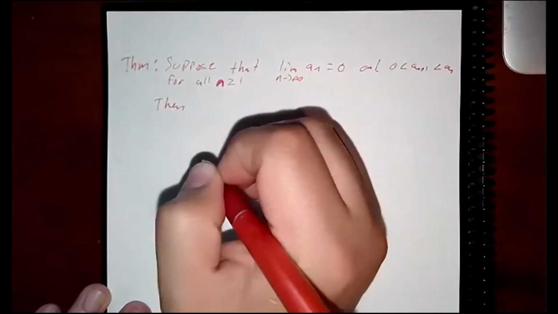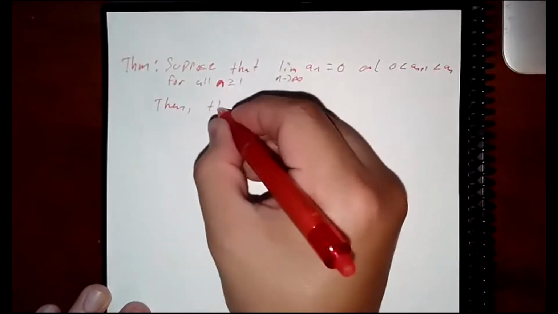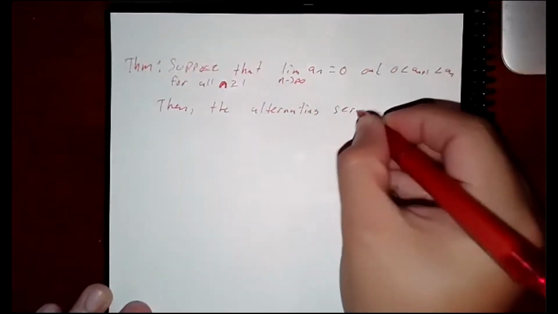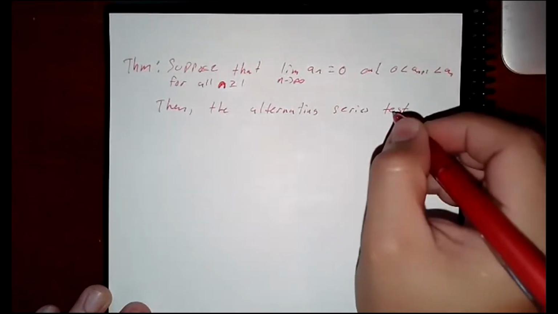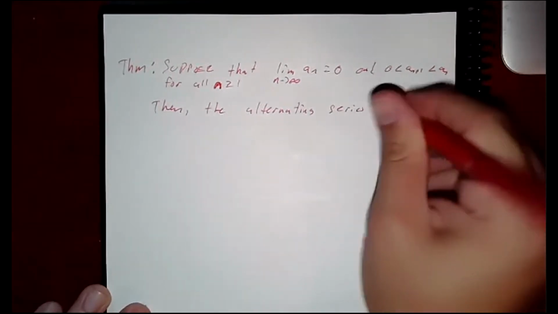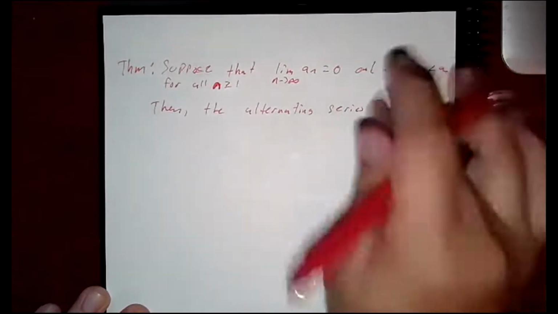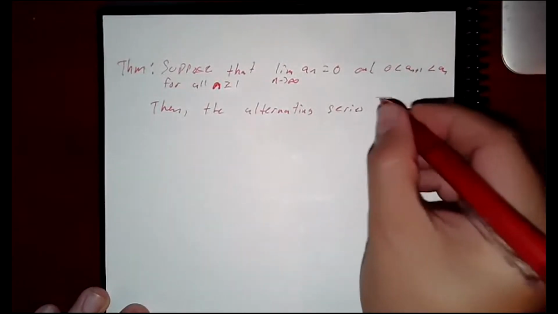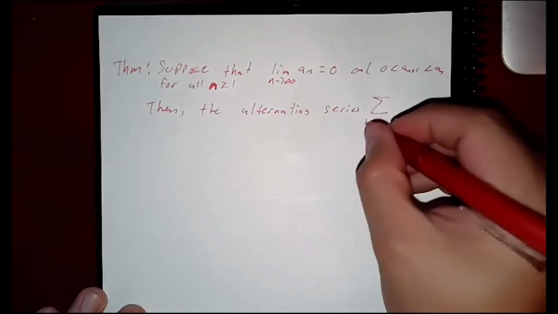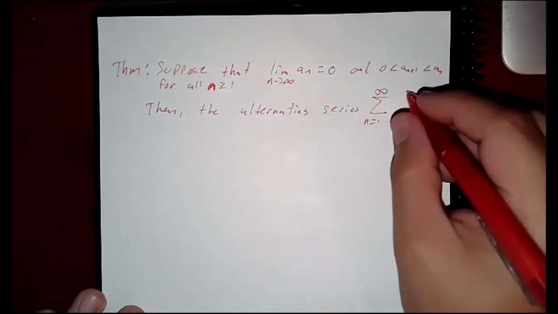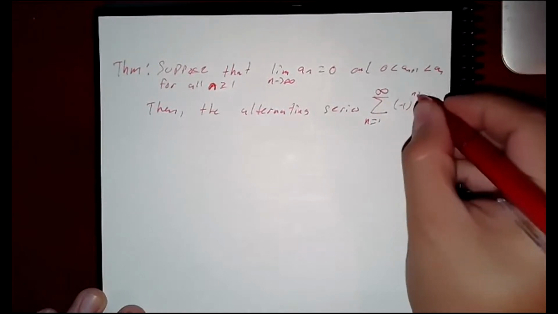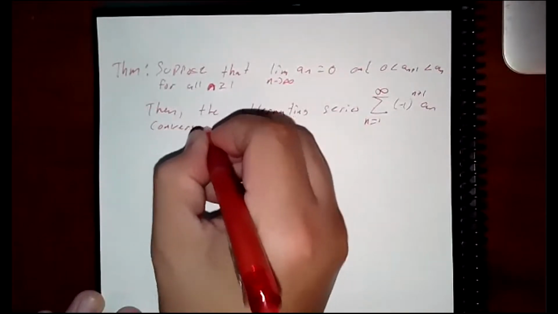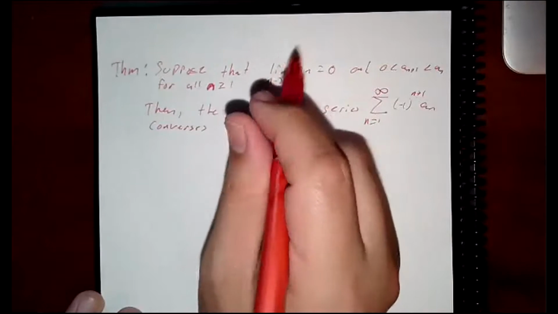Then the alternating series, the summation from n equals 1 to infinity of negative 1 to the n plus 1 times a sub n, converges. Wait a second, did I write the same thing again?